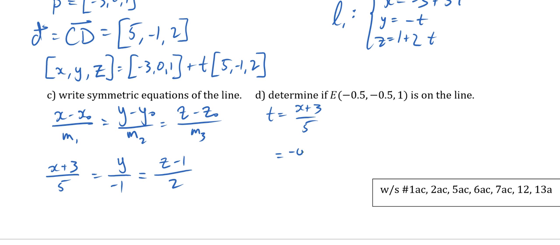So negative 0.5 plus 3 over 5, which is 2.5 over 5, which is 0.5. So the first 2 are good.